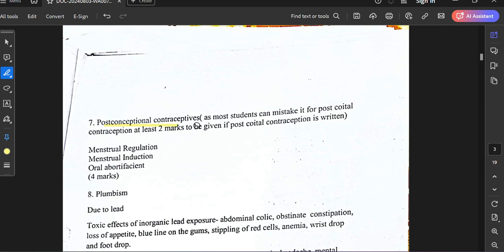Then 7th question, post-conceptional contraceptives. Post-conceptional contraceptive is not post-coital contraception. What we are looking at is that a husband and a wife had sexual intercourse, and now she is pregnant.